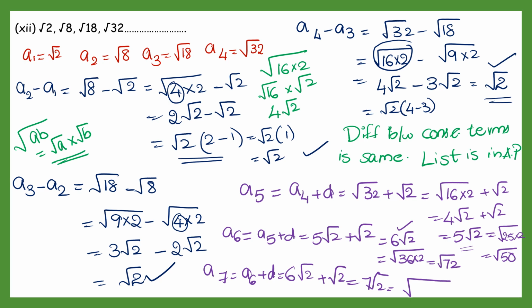If we take 7 inside, it will become 49. 49 into 2 is 98. So root 98. So, fifth term is root 50. Sixth term is root 72. Seventh term is root 98.